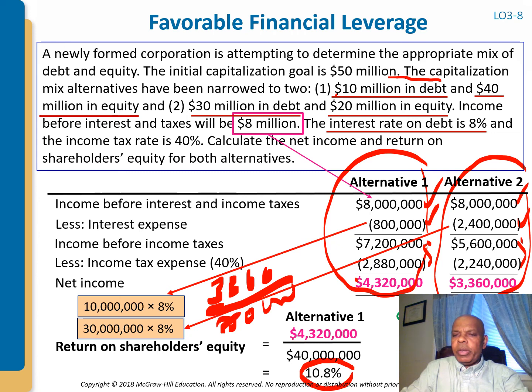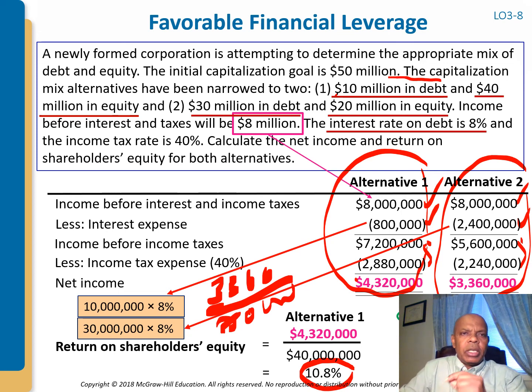Let's get to my calculator. You have 3,360,000, right? Divided by 20 million. For the second option, you have 20 million in equity. You're dividing your net income by your equity amount, which gets you how much? 1.68, is that right?